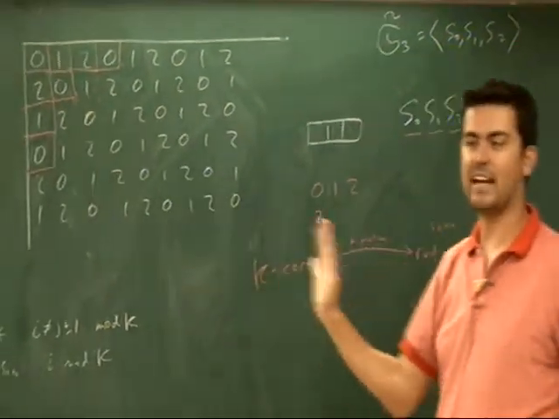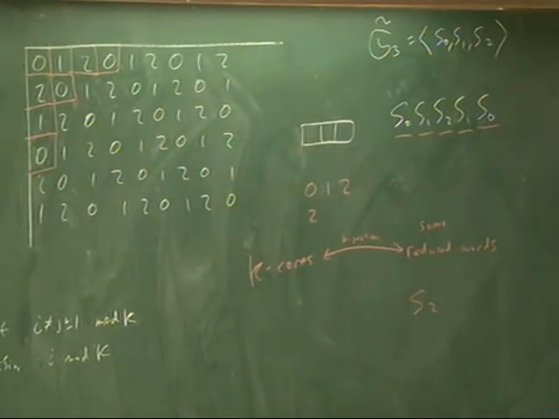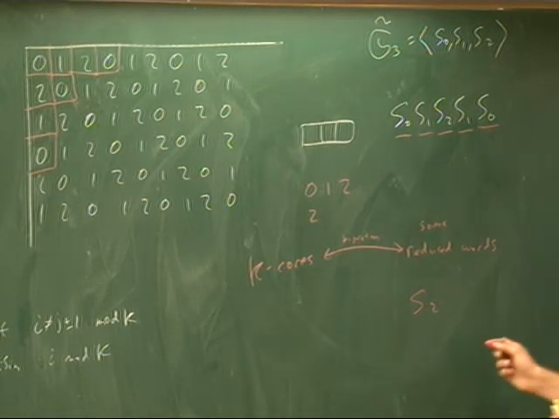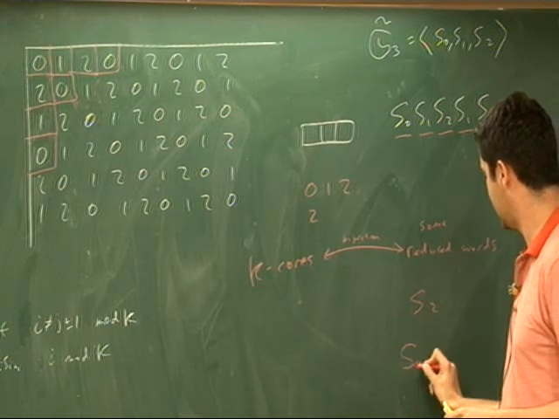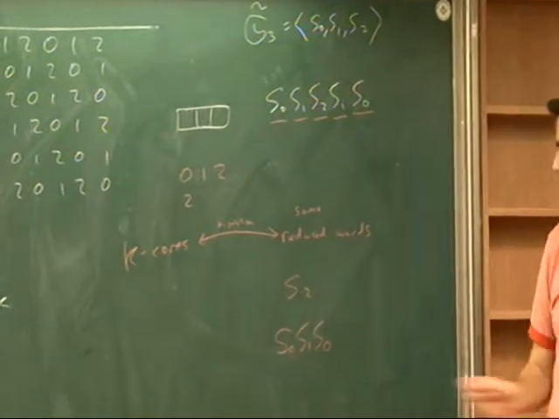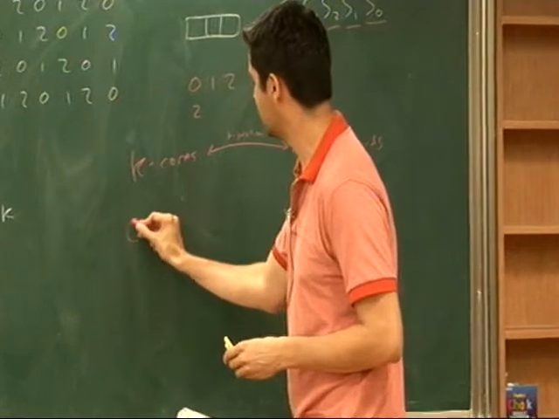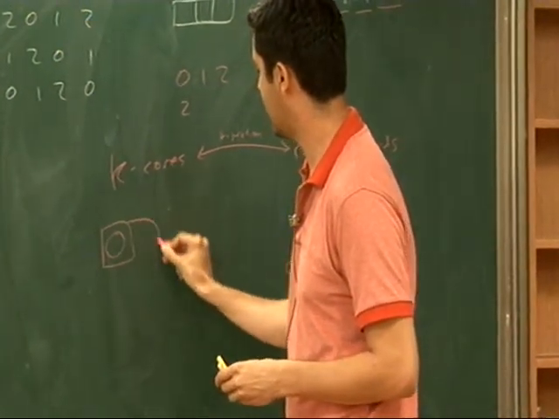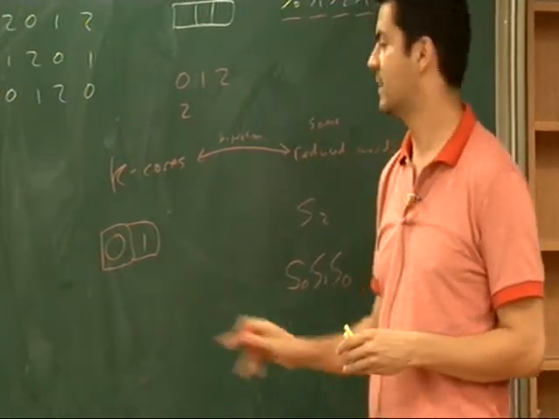Do you think that's enough, that it has to end in 0? You don't think so, right? I'll give you an example. S0, S1, S0. That's no good, right? Because I can add the 0 box, then I add the 1 box, and then I can't add a 0.